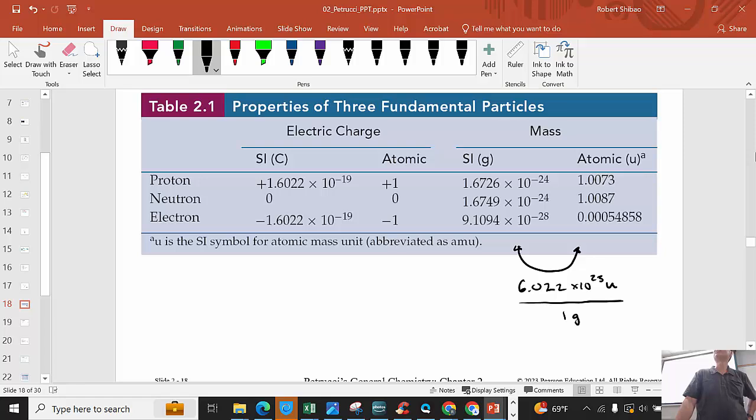There are other analogies you could think of. But anyway, the nucleus is very small.